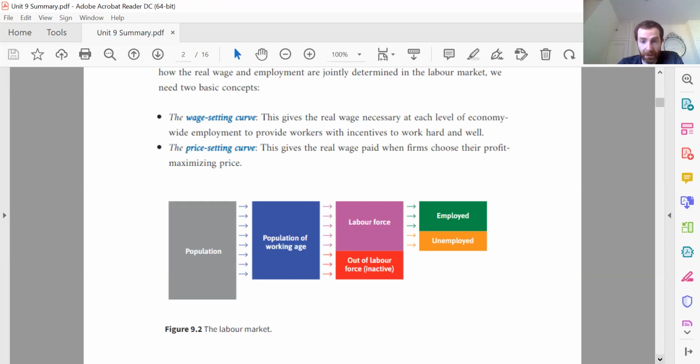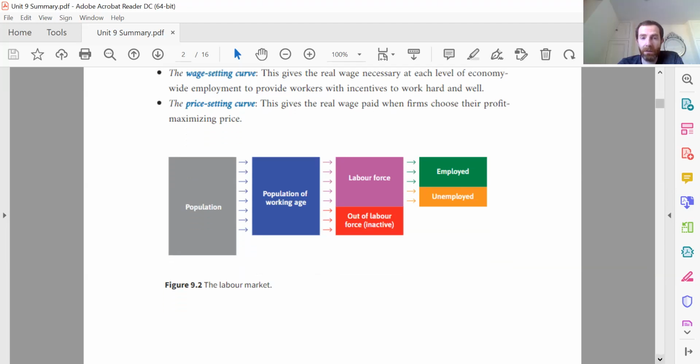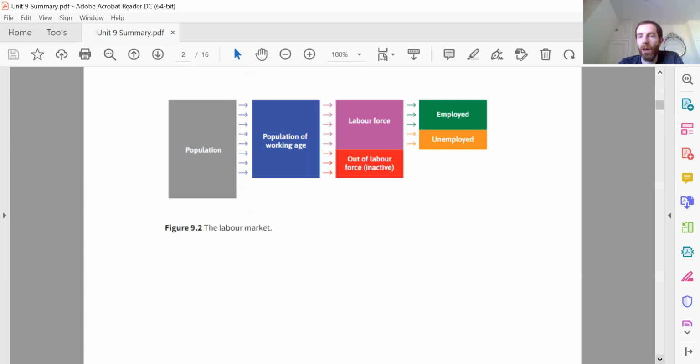So before we dive into more detail on those things, just a quick word about this diagram. We're going to refer to employed and unemployed quite a bit, so what do we mean by that? Well, what this is showing us is we've got a population, all of the people in the country. Then we're thinking about who's actually working? Well, only people of working age, so not people in education, not people who are retired.